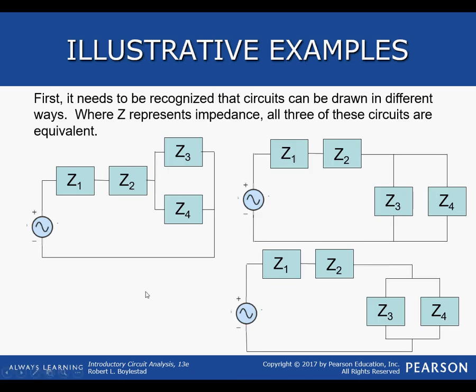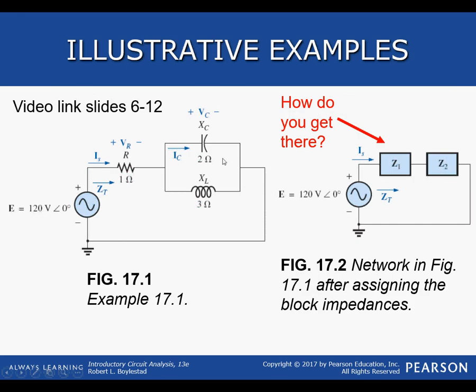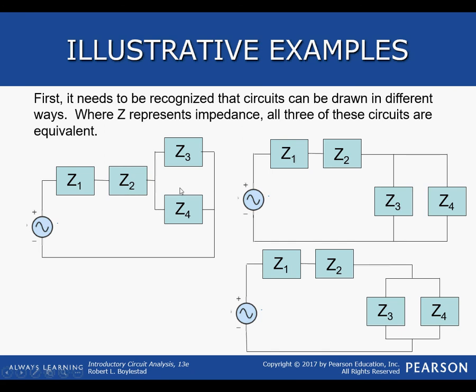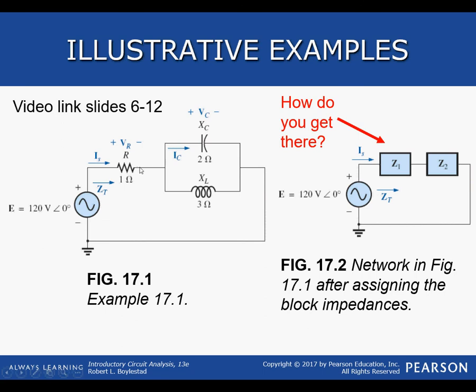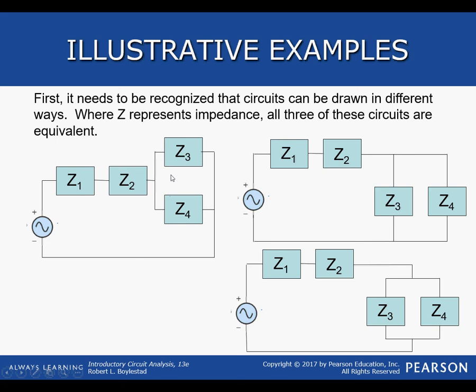So if you go back and visualize this in your head, let's give you another example where we have 4 impedances. In the other circuit, we only have 3, but I'm going to give you an example of 4. First, it needs to be recognized that circuits can be drawn in different ways, where Z represents impedance.